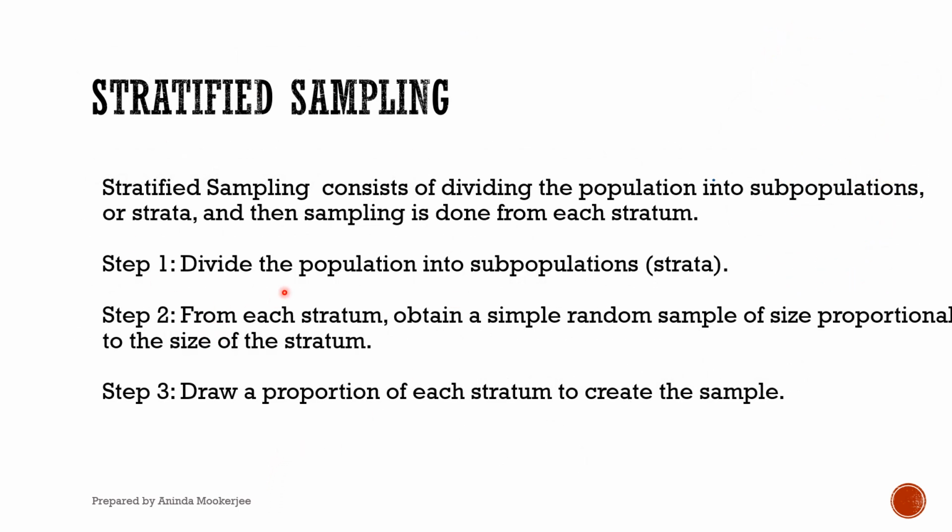We are now going to talk about the next sampling technique, which is called stratified sampling. You will see that this is very similar to cluster sampling with a slight variation. If you recall, in cluster sampling, we divided our population into clusters, and then we picked a certain number of clusters and included all members from those clusters in our sample.